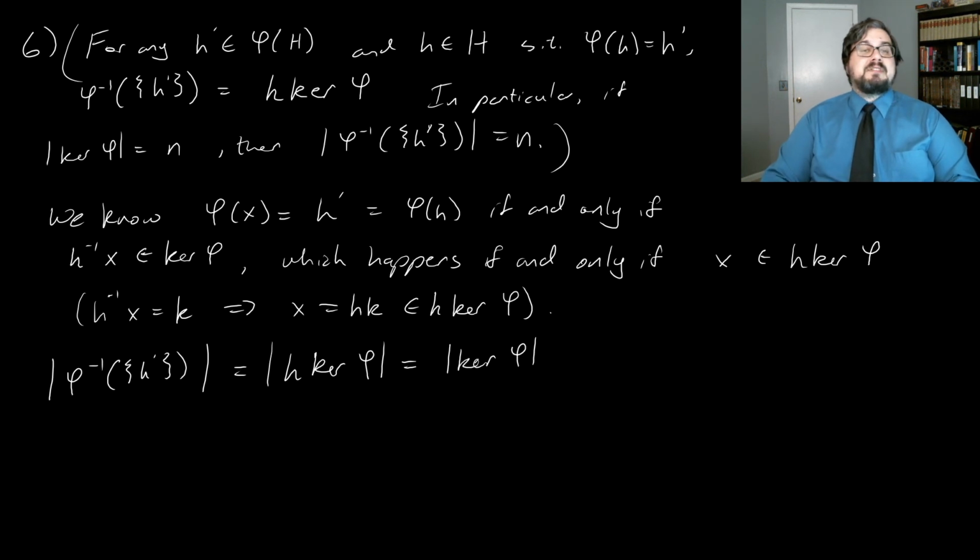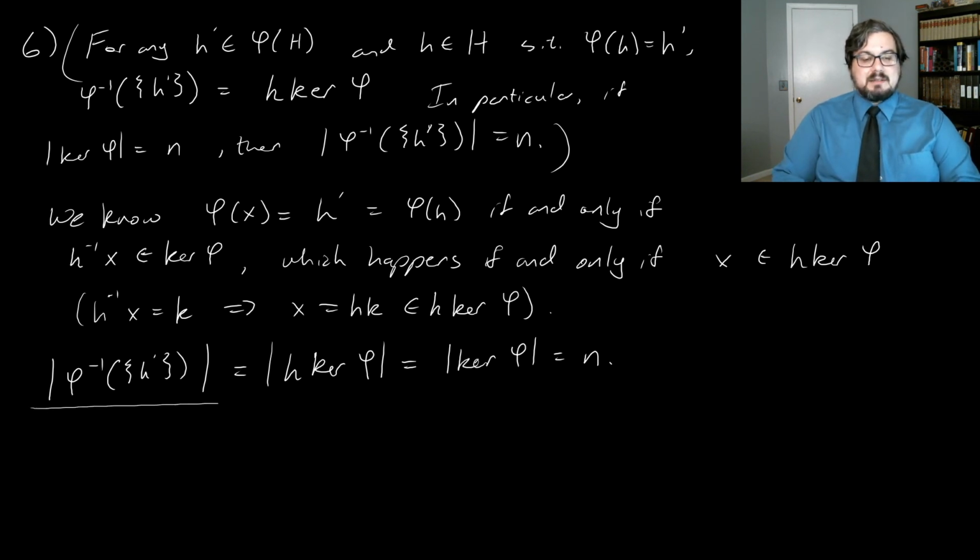We've proved before that the size of all cosets of a subgroup are equal. And so that's n.